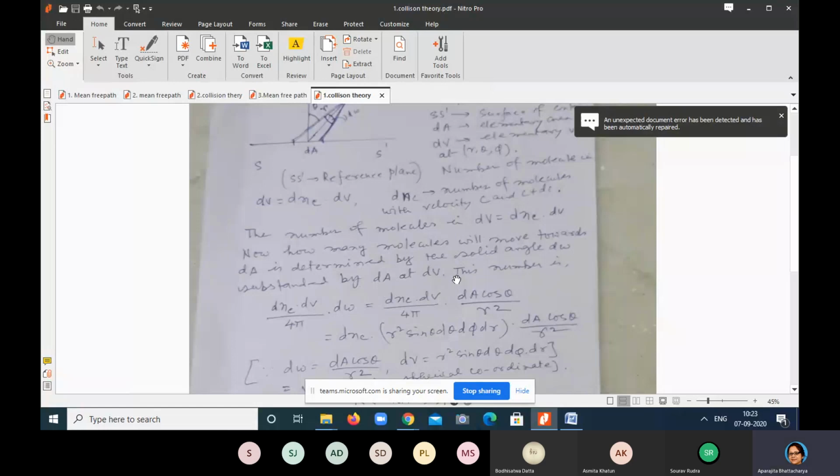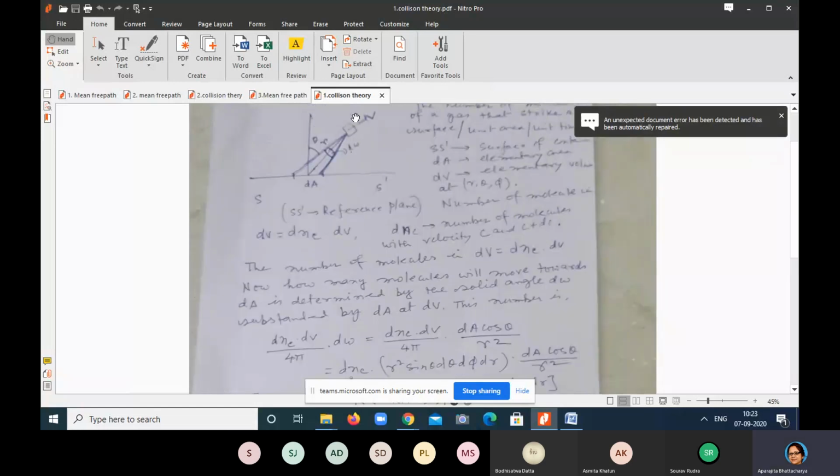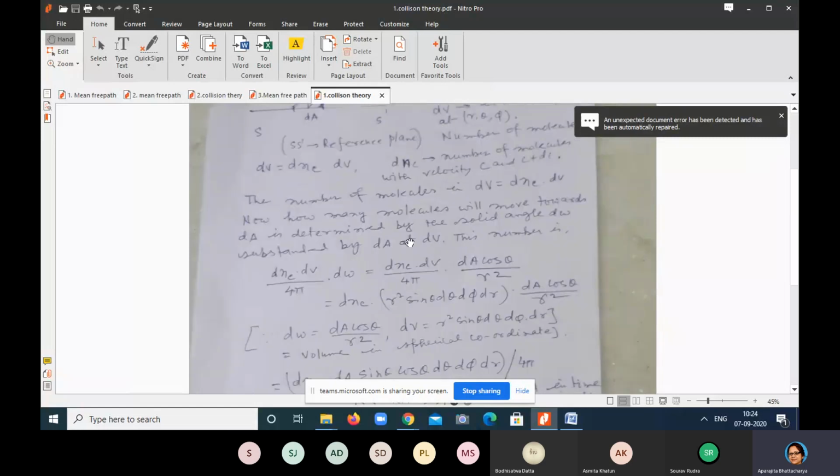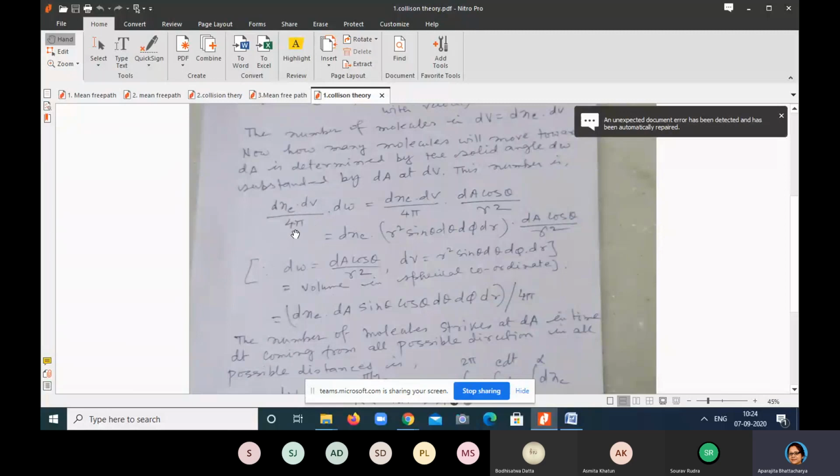So the number of molecules from the volume dV heading to the elementary area dA is simply given by dNc dV over 4 pi times d omega. d omega is the solid angle subtended by the volume.